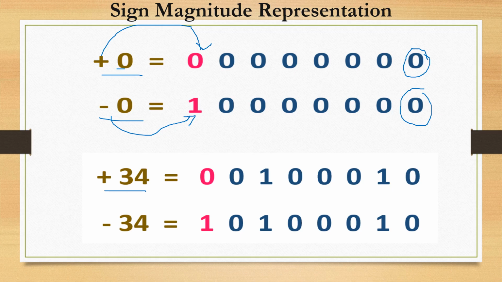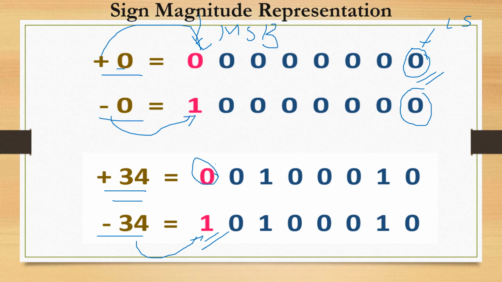Likewise, the representation of plus 34 is 100010, and the most significant bit is 0, which means it's a positive 34, and for negative 34 we put 1 over the most significant bit position. The first bit from the left side is called the MSB, the most significant bit, and the right-hand side bit is the least significant bit position.